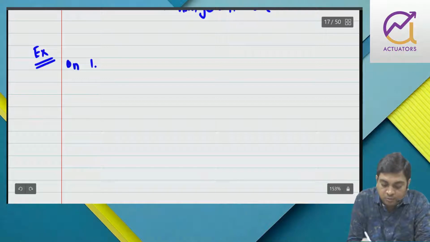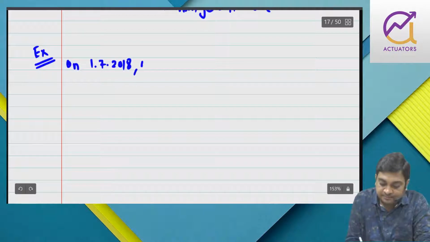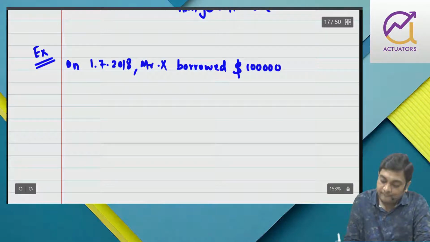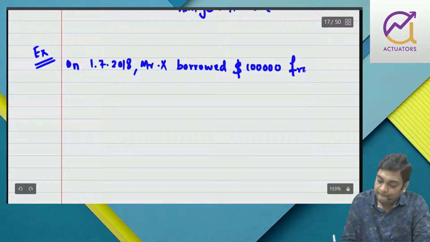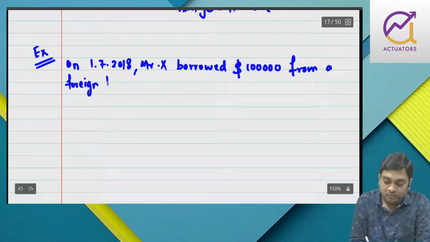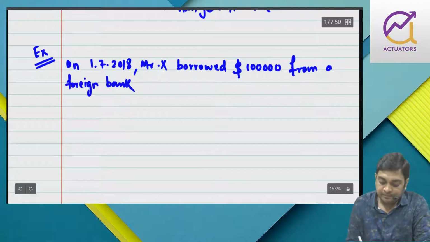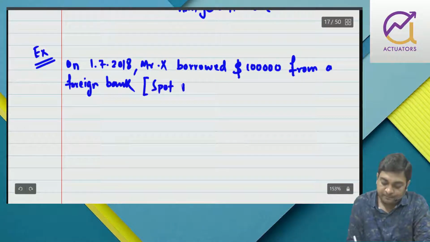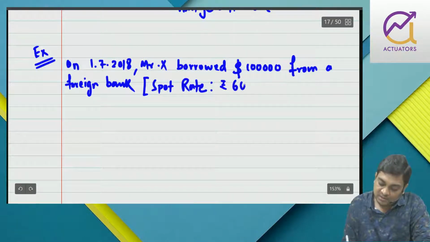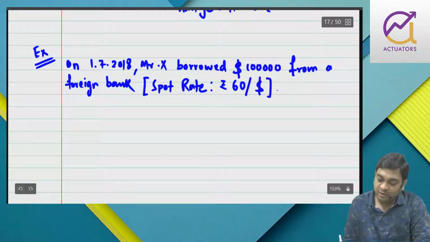On 1/7/2018, Mr. X borrowed $1 lakh from a foreign bank, and at that time the spot rate was rupees 60 per dollar. You can denote it like this also.